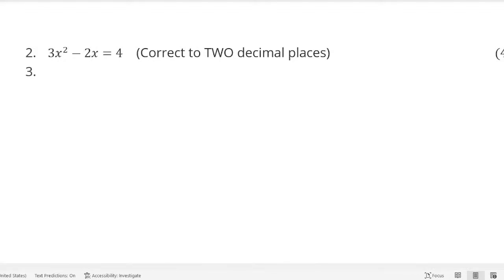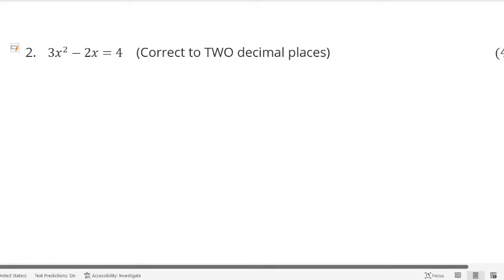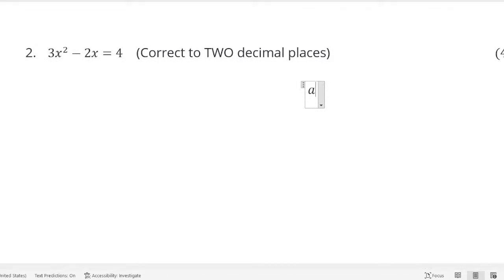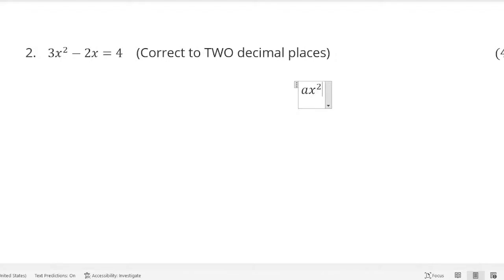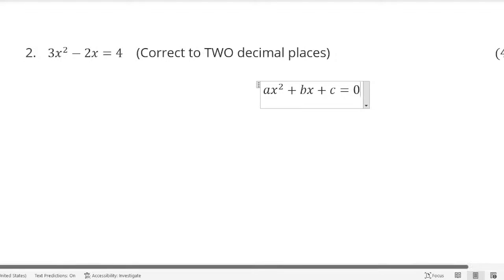In order for you to use the quadratic formula, you must make sure that your equation is in the standard form, that is in the form of ax squared plus bx plus c is equals to 0.